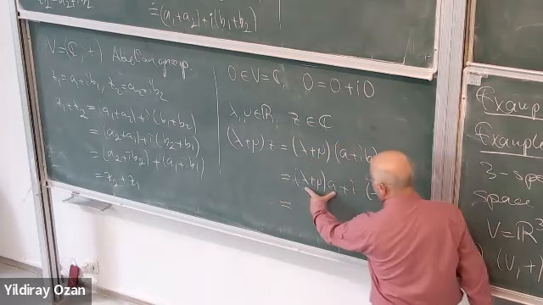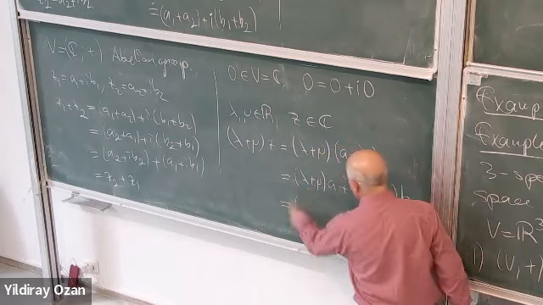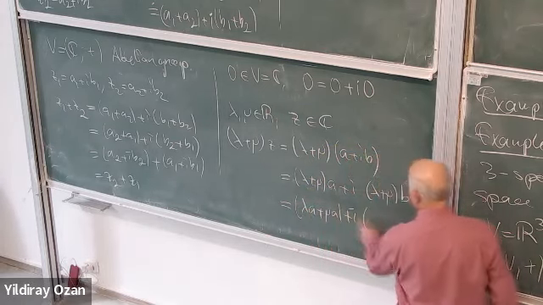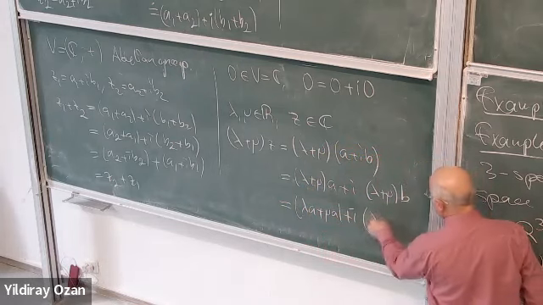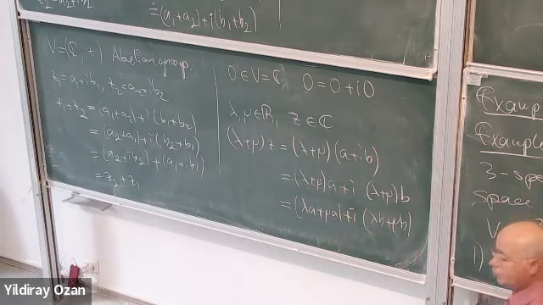Now, these are all real numbers, and in the real number system, this will be just equal to lambda times a plus mu times a, plus, and again, these are real numbers, I can just write it this way. And then we do what?